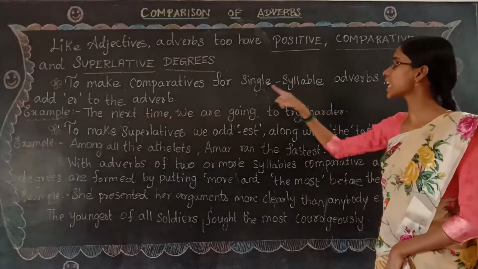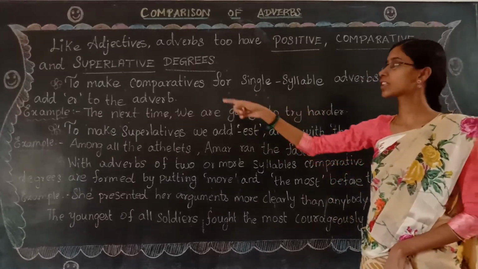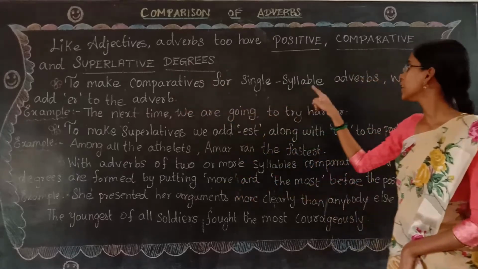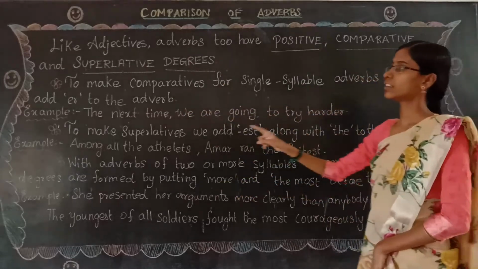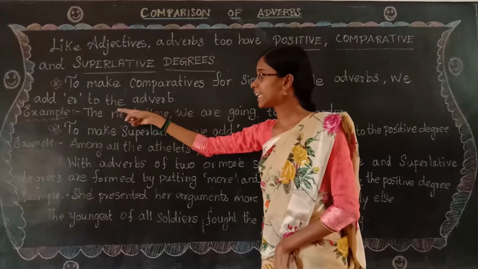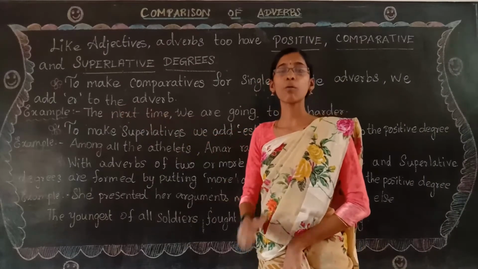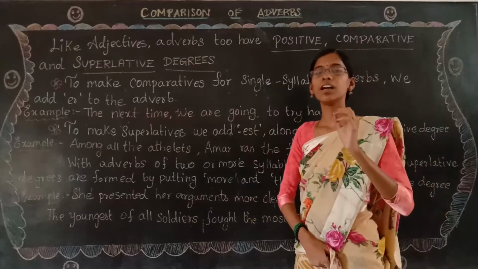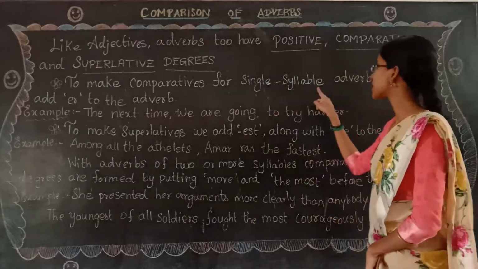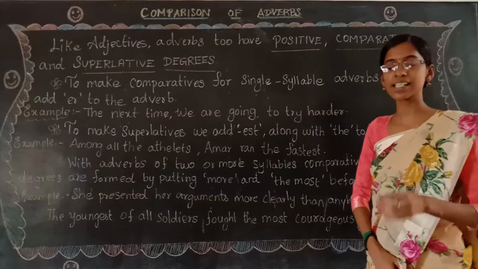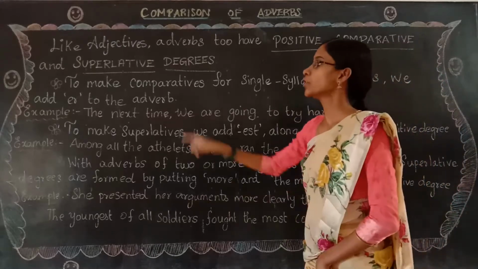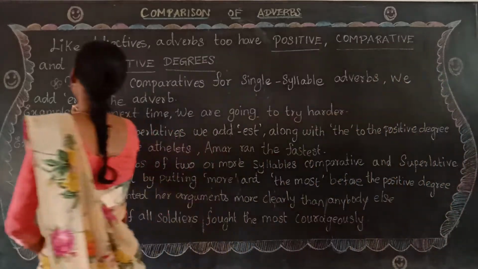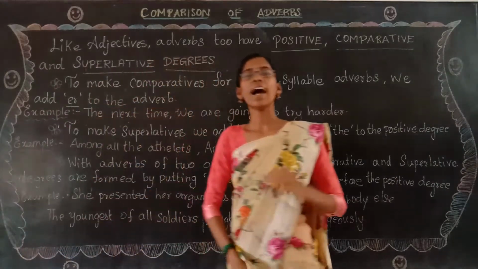So if it is a single syllable and you want to compare it in a sentence, then we add ER to the adverb. So here what is the rule? If you are going to compare a single syllable adverb in a sentence, then it is very simple: you can add ER to the adverb.